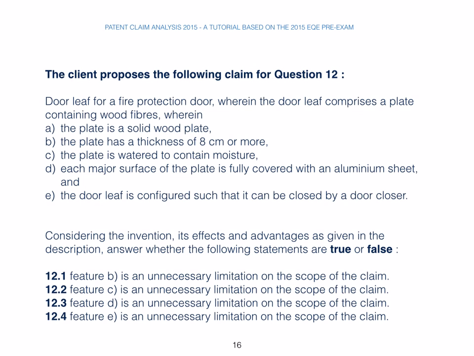Door leaf for a fire protection door, wherein the door leaf comprises a plate containing wood fibres, wherein A, the plate is a solid wood plate, B, the plate has a thickness of 8 centimeters or more, C, the plate is watered to contain moisture, D, each major surface of the plate is fully covered with an aluminium sheet, and E, the door leaf is configured such that it can be closed by a door closer. So that's the claim for question 12.